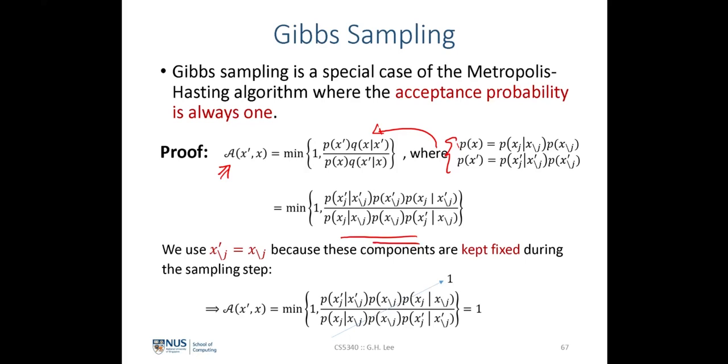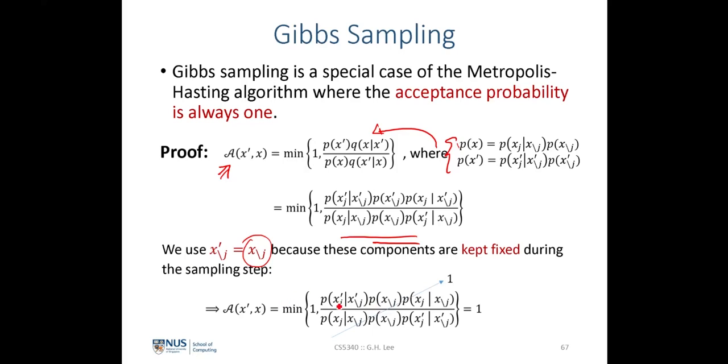Since x prime of all the other random variables except for j is equal to x of all the other random variables except for j from the previous step, we hold the states of all the other random variables constant, fixed, during the sampling step of xj.